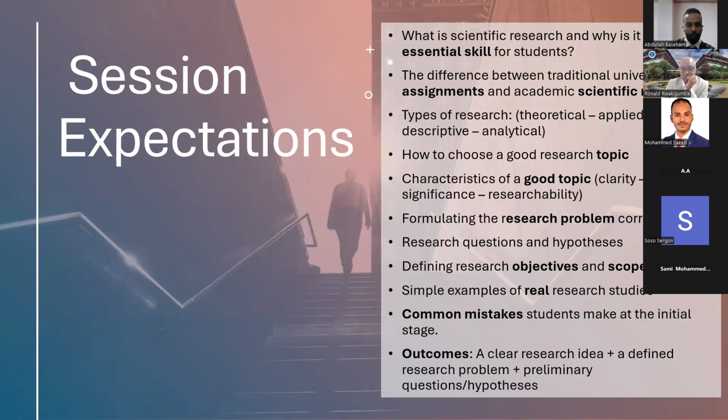What can we say about the common mistakes students make at the initial stage? Maybe you can elaborate more about that. Yeah, I've made a lot of them, and I'm sure you've also made many. I think the common mistake is, one is what I did: I thought I knew the problem before I even started.